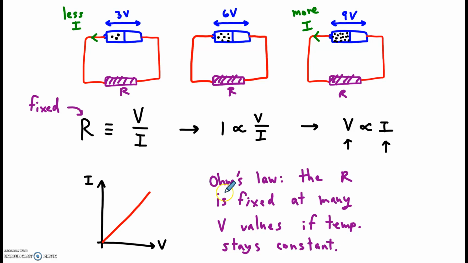Devices that follow Ohm's law, devices with fixed resistance, are called ohmic. Not all devices follow this law, only some have a fixed resistance.